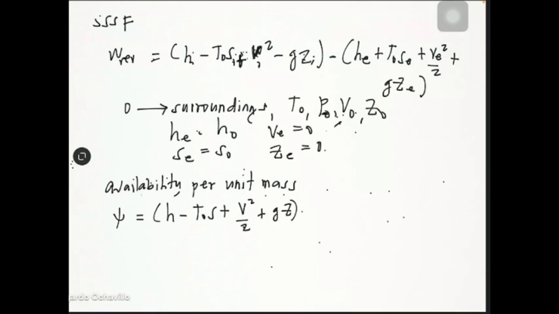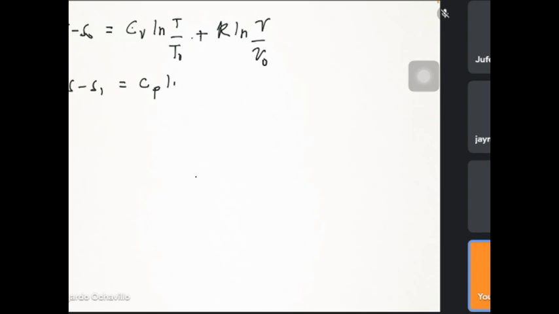So S minus S0, this delta, is Cv ln T over T0 plus R ln V over V0. This is for gases. And S minus S0 is also Cp ln T over T0 minus R ln P over P0.